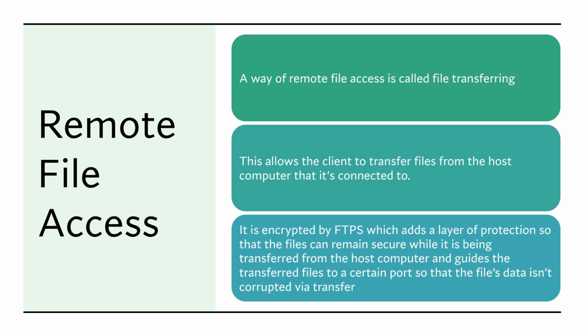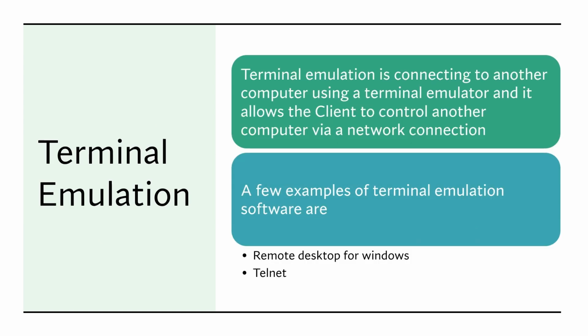It is also very encrypted so that the data does not get lost while it's being transferred. Like it's encrypted by FTPS, which adds a layer of protection so that the files remain secured while being transferred from another host computer, and guides the transferred files to a certain port so that the file's data isn't corrupted via the file transfer.